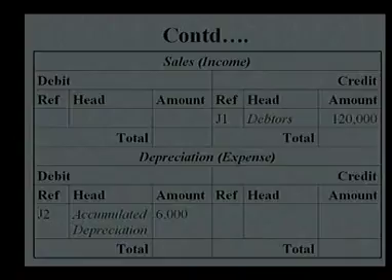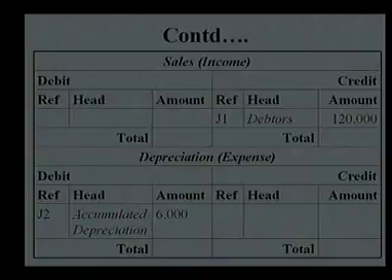Now, we move on to next from the journal entry, sales. If you remember, sales is nothing but income, and increase in income is recorded under credit. If you look at the convention that I introduced to you in previous lectures, as well as briefed you in the beginning of this particular lecture, you find that increase in income is to be recorded under credit side, and the same has been done here in this slide also.